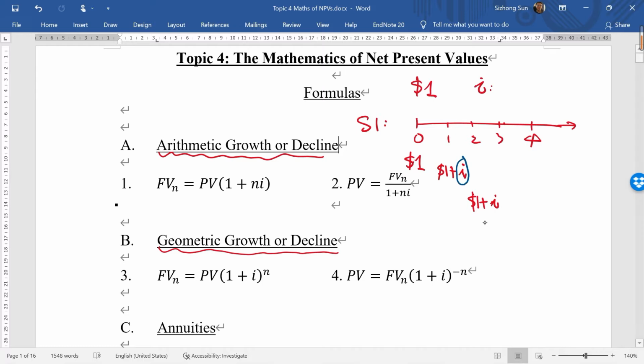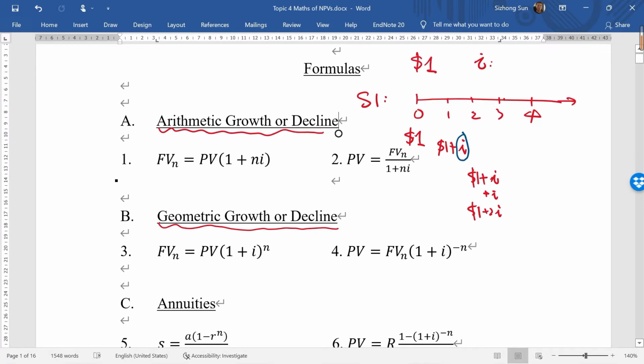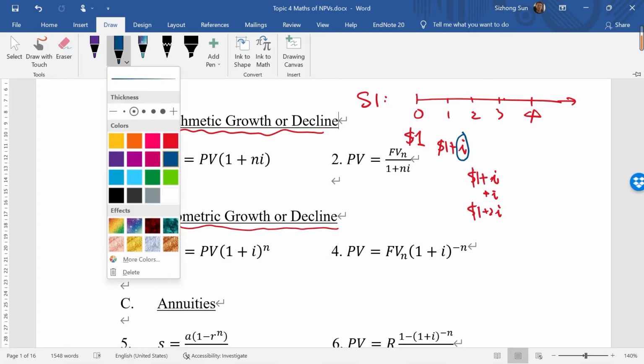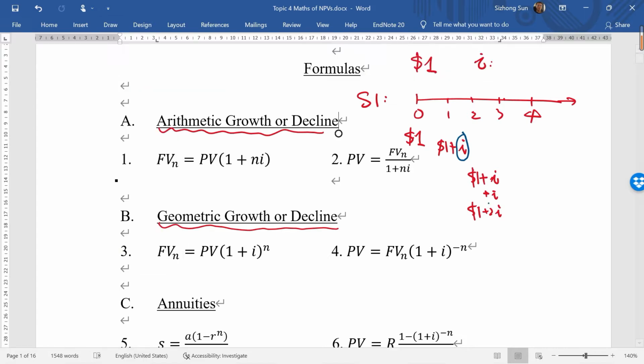And remember, there's another i that I set aside in year 1. So I get $1 plus 2i dollars. Then I'm going to continue the strategy and set this 2i dollars aside.